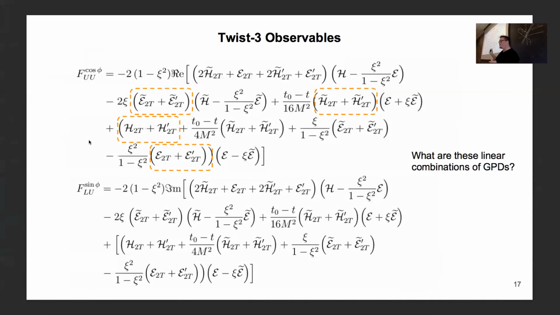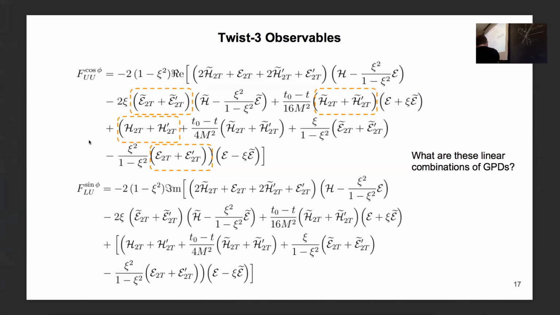Obviously the rest of these have more specific physical meanings, but E2T tilde is the one that's important for orbital angular momentum. But you see that it's tangled up with E2T tilde prime, and this actually ends up happening for all of your DVCS observables. So can you find a way to take what you have and disentangle it?